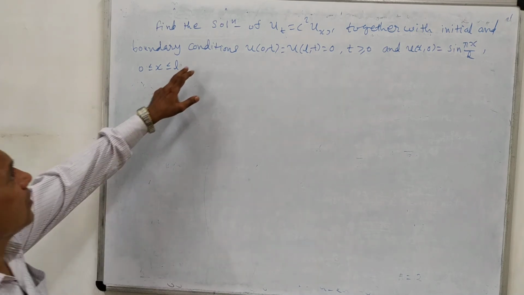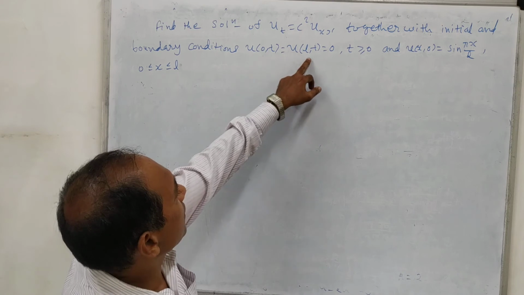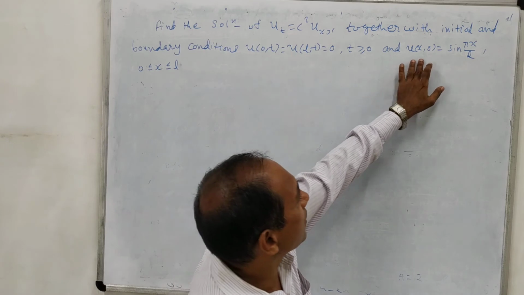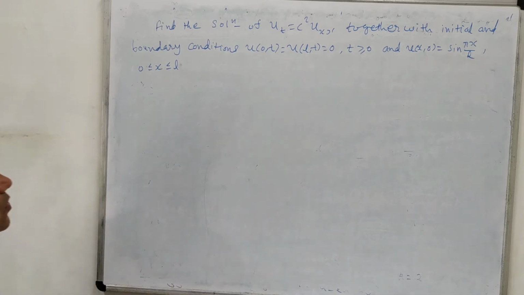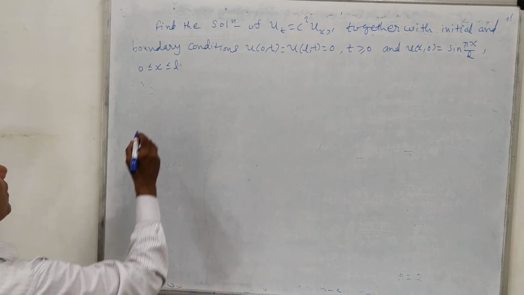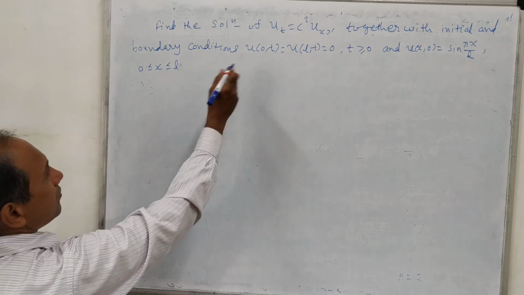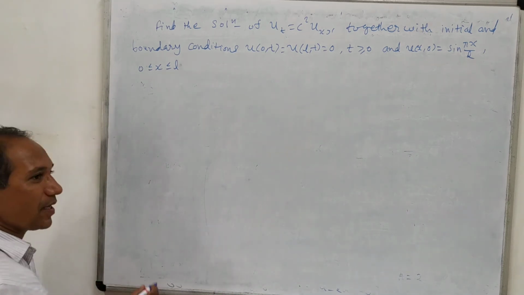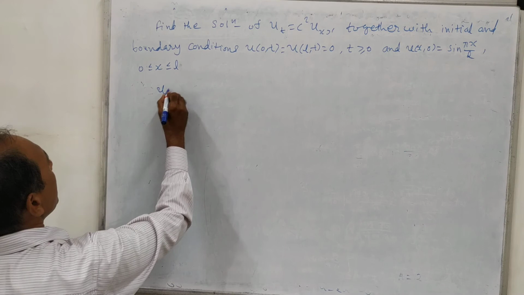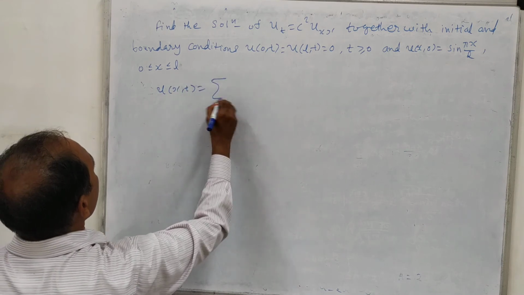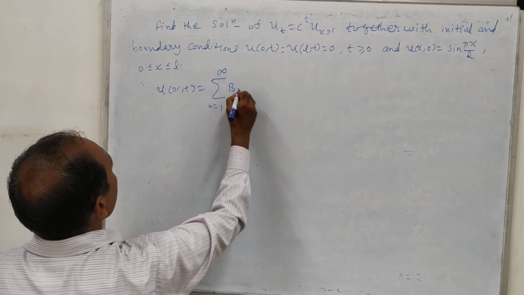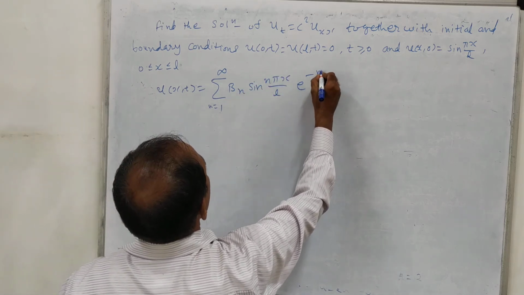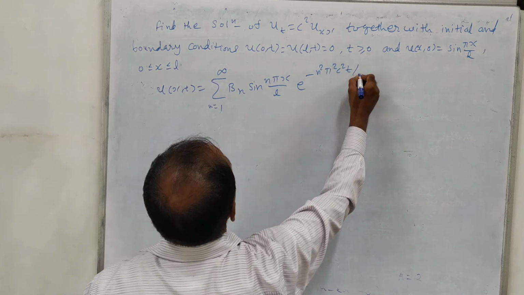You first write down this equation, then the conditions. You can see that the two conditions are same as in our theory. The third condition is also same as in our theory. So no further discussion will be required there. Simply after writing this equation and the initial and boundary conditions, you can write down that we know that the solution is given by u(x, t) equal to sigma n equal to 1 to infinity bn sin n pi x upon L e raised to minus n square pi square c square t upon L square.